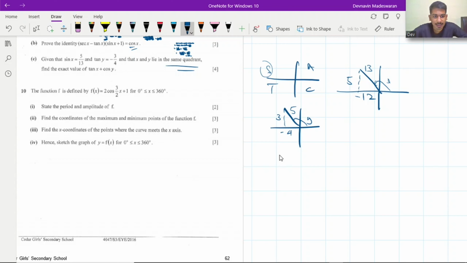So tan x plus cos y. Okay, tan x is going to be 5 over negative 12. And then cos is going to be adjacent over hypotenuse, negative 4 over 5. So let's put it together.